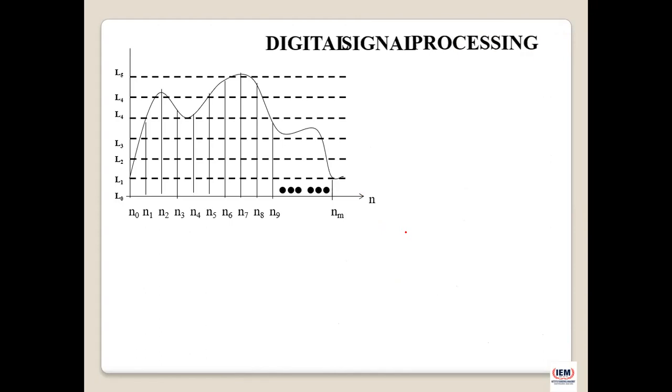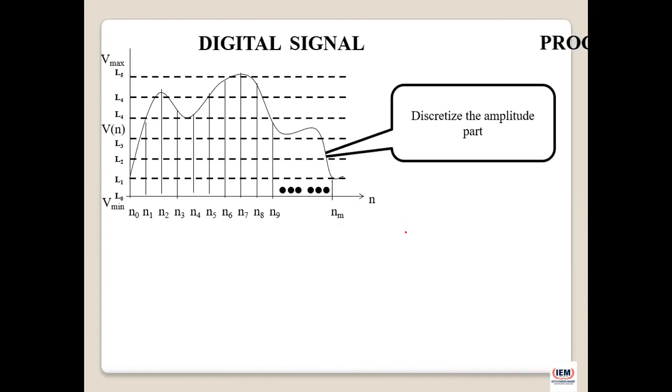Now we find another type of signal, that is the digital signal. What is the difference? Most of the time we forget, or we are sometimes a little confused, about the two signals, the discrete time signal and the digital signal. What changes in the digital signal compared with the discrete time signal?